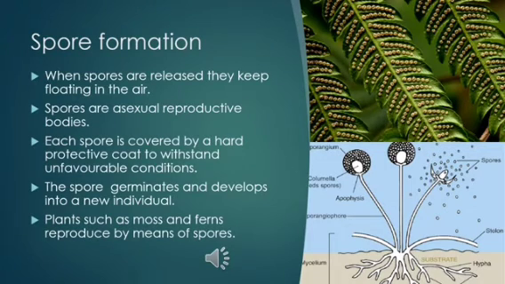Now I told you it will burst open, and see how the spores are released. Once the spores are released into the air, they keep floating in the air. These are asexual reproductive bodies, and each spore is covered by a hard protective coat which can withstand all unfavorable conditions, whether it is high temperature or extremely cold.